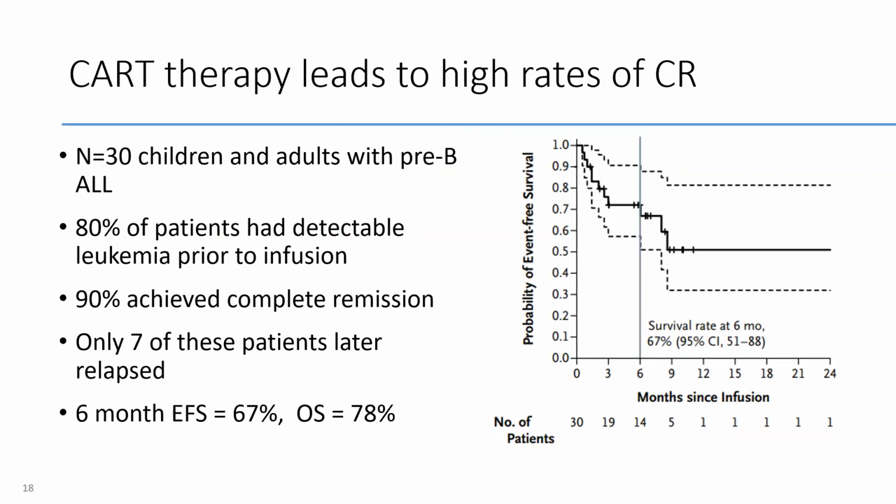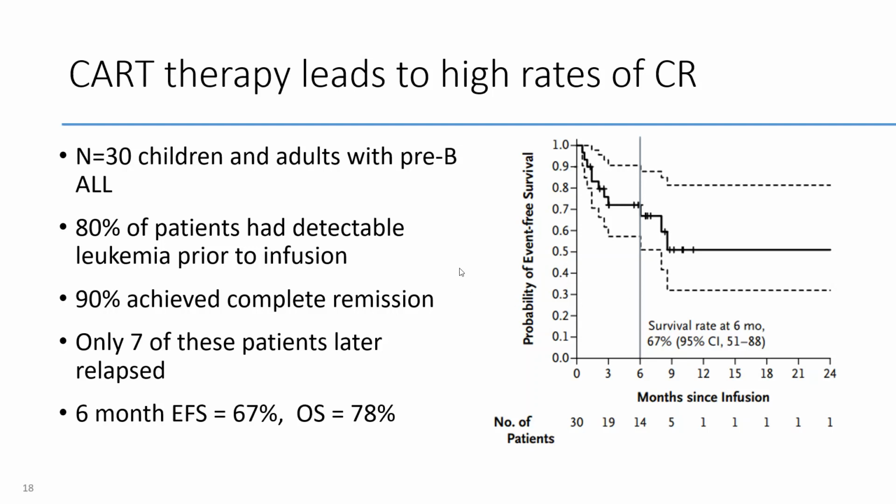In a study of 30 children and adults with pre-B ALL, 80% had detectable leukemia prior to infusion and 90% achieved complete remission, and only 7 of these patients later relapsed. The total event-free survival is 60% and overall survival is 78%.